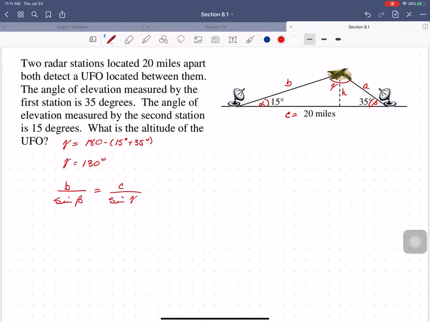Filling in my numbers, B divided by the sine of 35 degrees is equal to 20 divided by the sine of 130 degrees, which means B equals 20 times the sine of 35 degrees divided by the sine of 130 degrees.